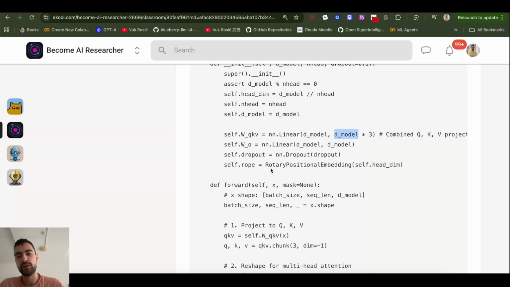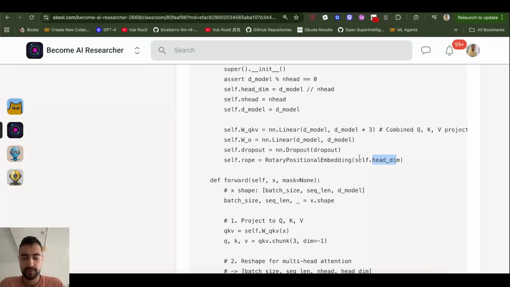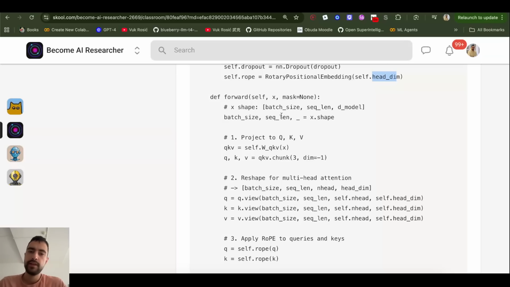And we initialize RoPE here as well, passing in self.head_dim. In this case, this is how we defined it, so we need to pass in the dimension of the head. And then, in this case, we want to get the batch size, how many independent conversations, and sequence length, the maximum number of tokens in the sequence. And I guess we don't need the token dimension here.